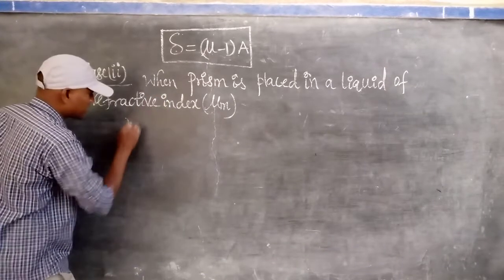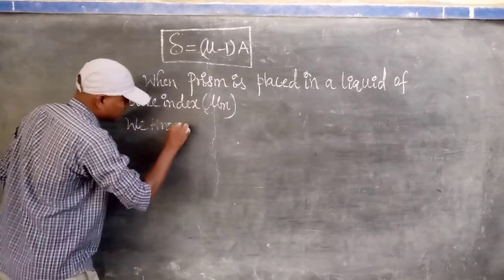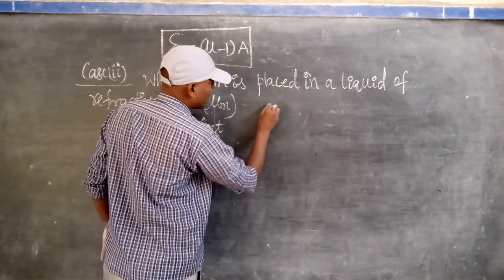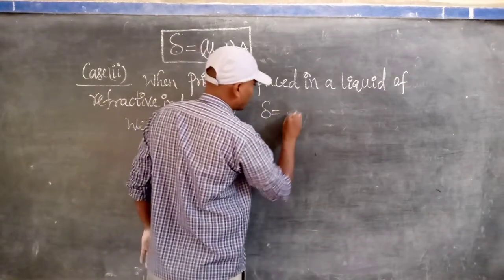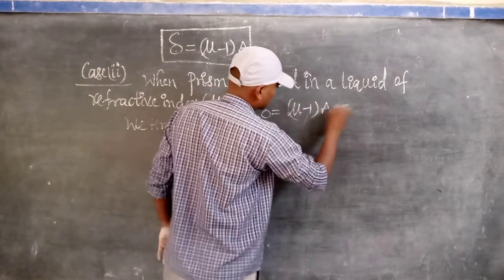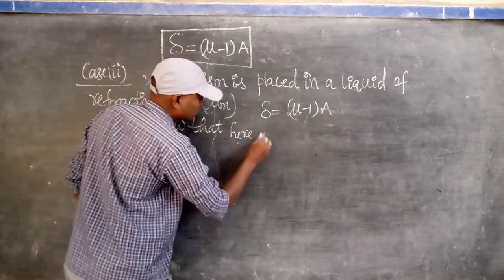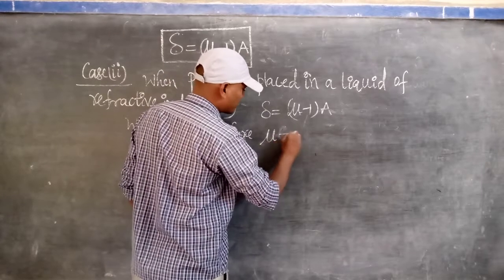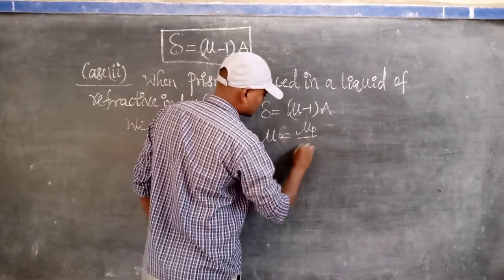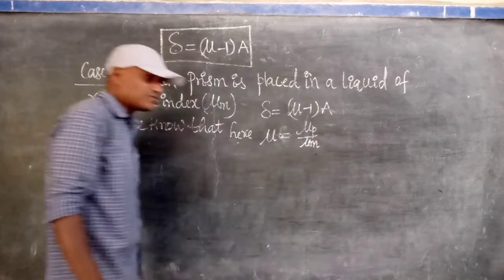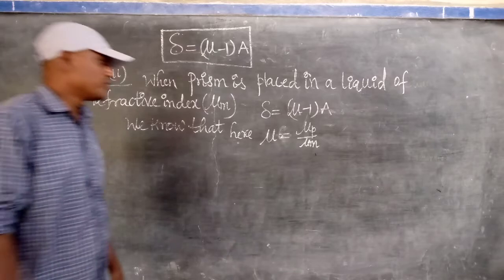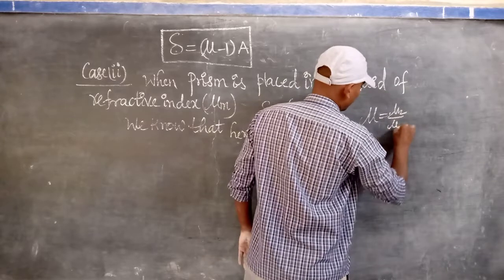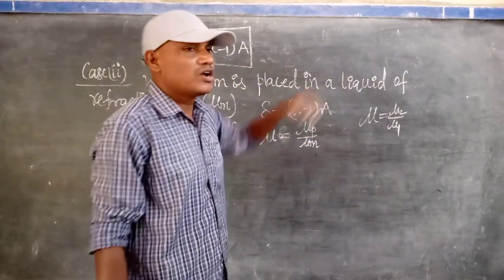In the second case, we know that the small deviation angle is equal to mu minus 1 into A. Here, mu equals the relative refractive index, because we know that mu equals mu2 by mu1. 1 is the first medium, 2 is the second medium.